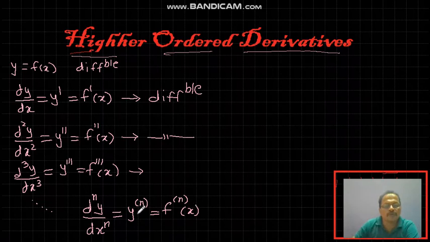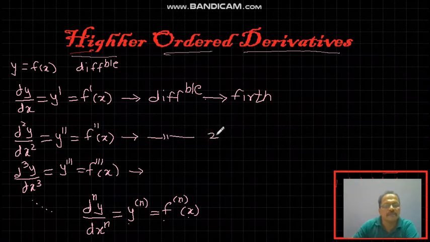Do not pronounce this as y raised to bracket n or f raised to bracket n. This is the writing method, but you have to read this as nth derivative of y, and this is nth derivative of f with respect to x certainly. This is also called the first derivative of x.